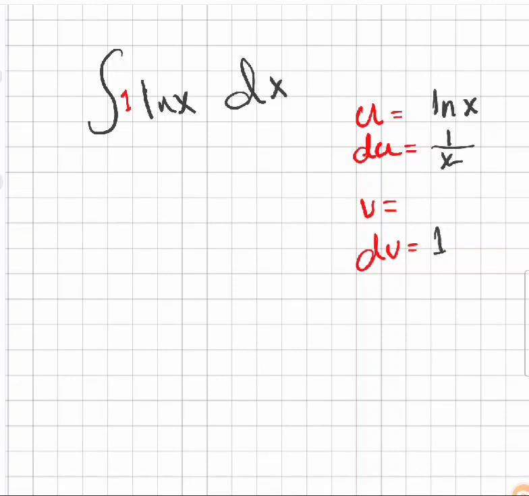dv has to be just, we can make dv dx if we want to, or 1 dx. And so v, the integral of 1 dx, is just x. So now let's start with the formula.